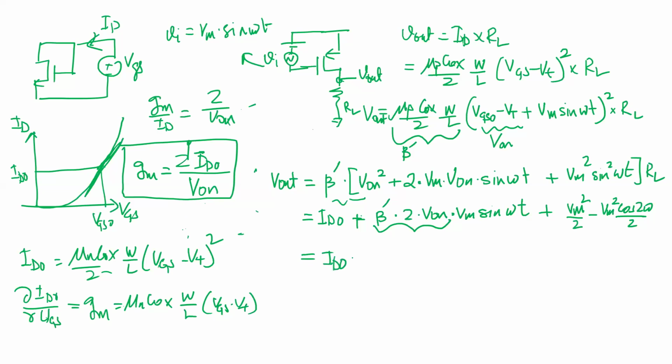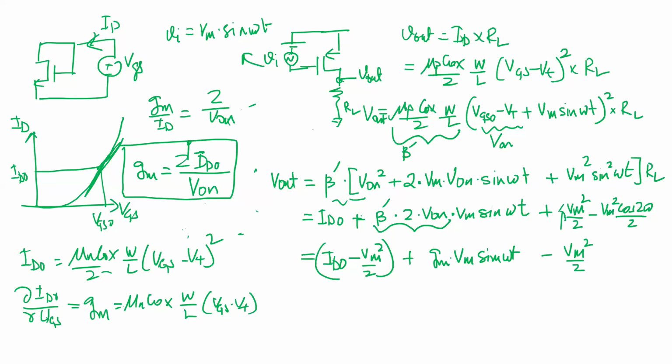So now if I just expand this, this is ID0 minus Vm square over 2. That's your DC term. And then you get Gm times Vm sine omega t. And then you get this term, which is Vm square over 2. Actually, I missed one. There is a beta.